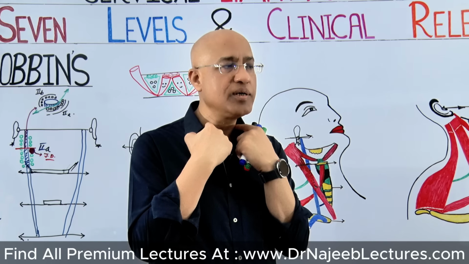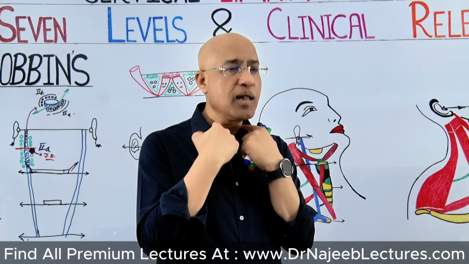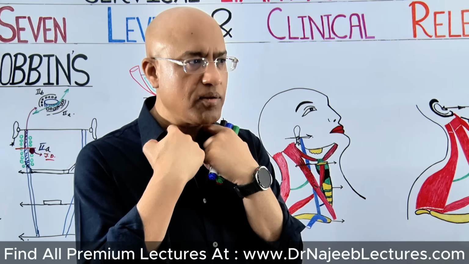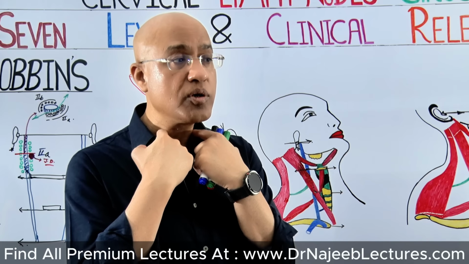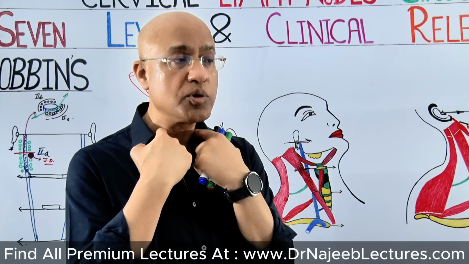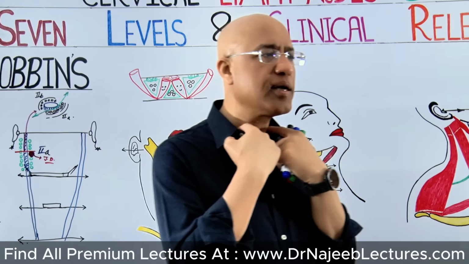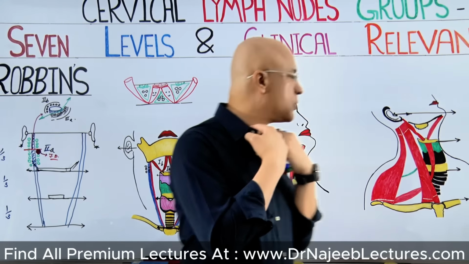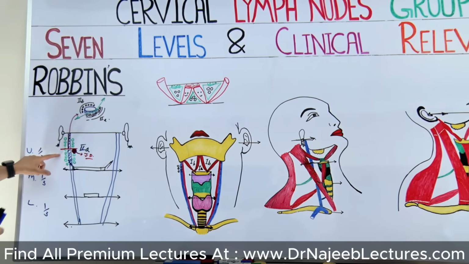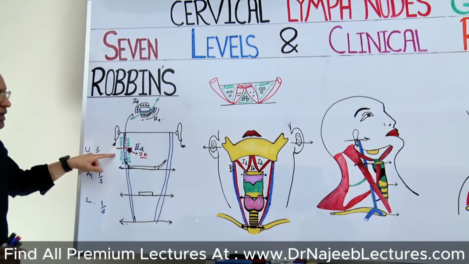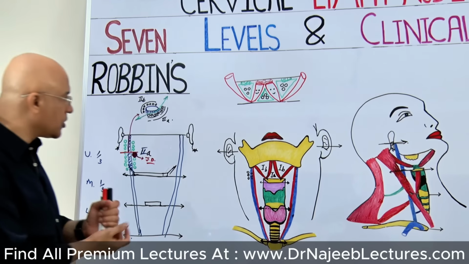I'm more interested that you must be able to tell me the areas from where the primary cancers take origin, and most probably give their metastasis to, what is this? Level 2 lymph nodes, right?